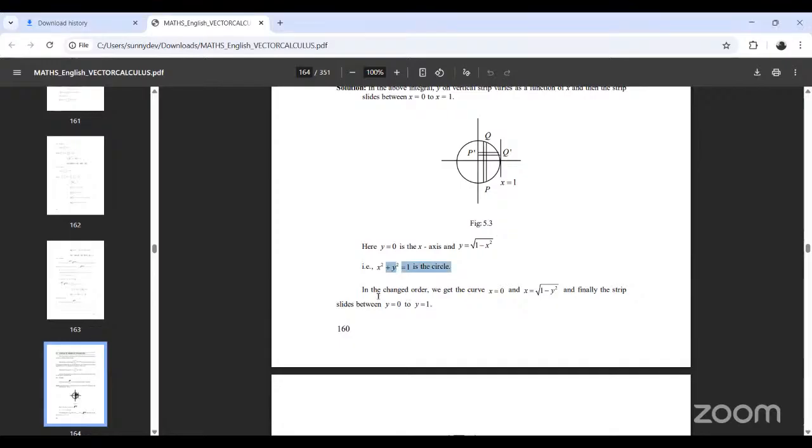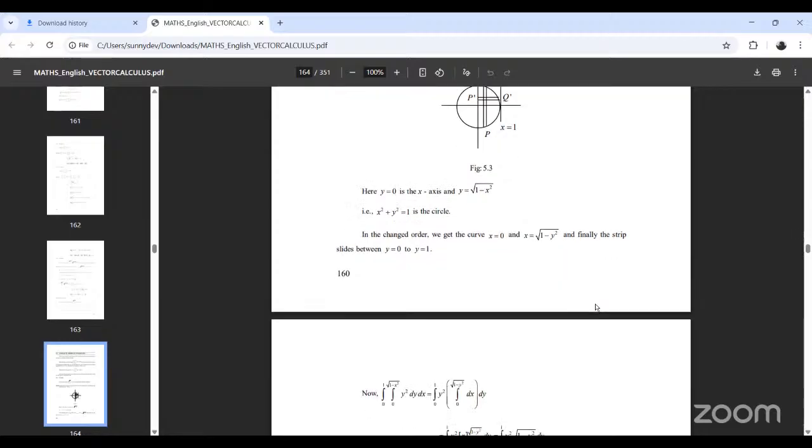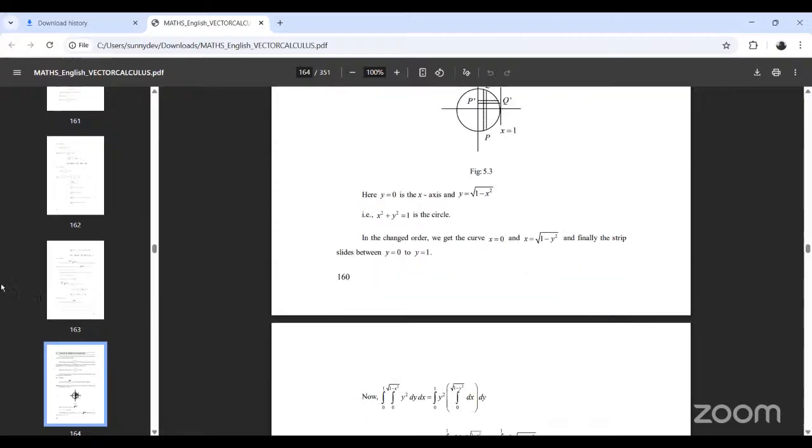So in changing the order, we are getting x equal to 0 and x equal to under root of 1 minus y square, and y is between 0 and 1. See, previously y equal to under root of 1 minus x square, no? So now we are getting y square equal to 1 minus x square.